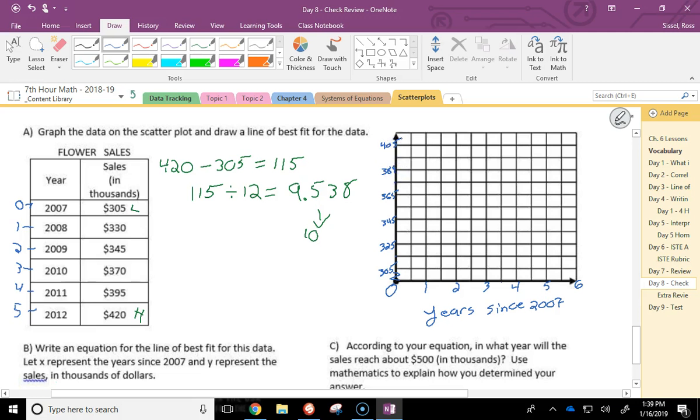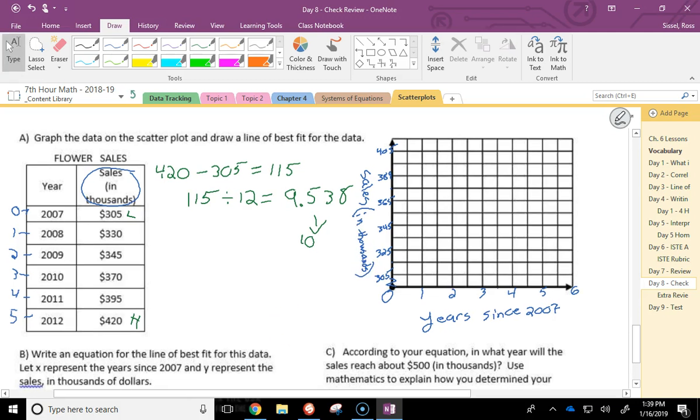I still follow our scale, I'm just labeling every other one. Speaking of labeling, I then have to label this as Y-axis, sales. It tells us right here what it is. Sales in thousands.